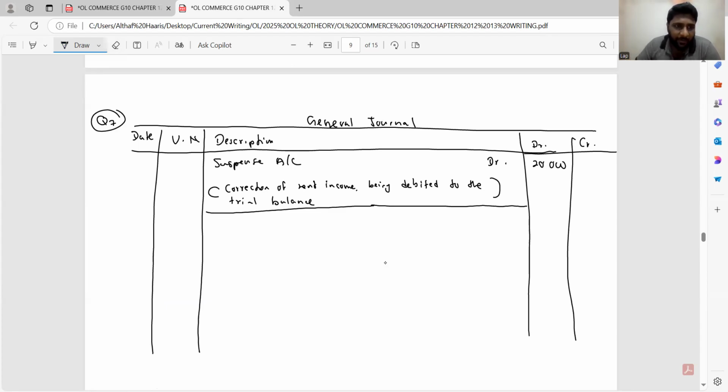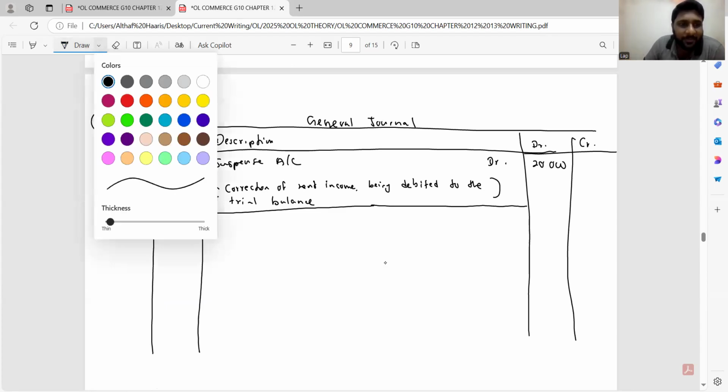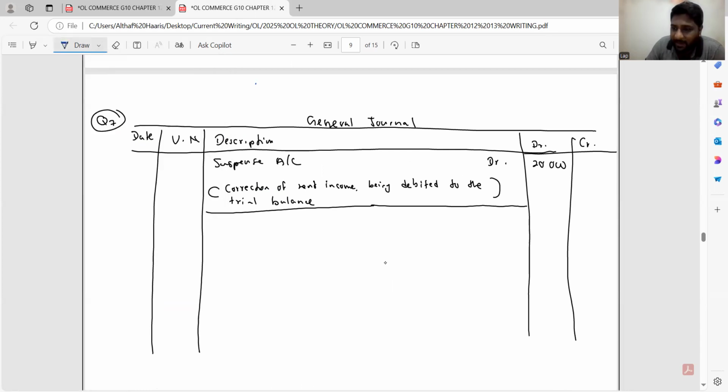So if I write it with an invisible pen, you don't write this blue color one. Don't write. The credit entry 20,000 is what? Write 10,000 as rent income to the credit side.